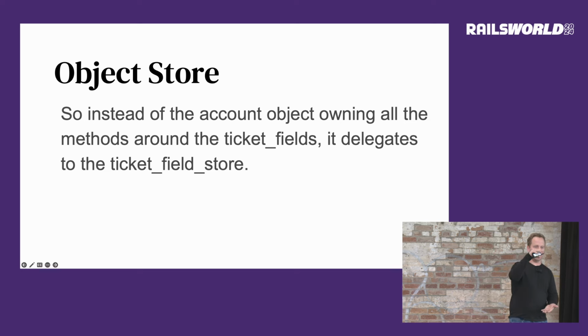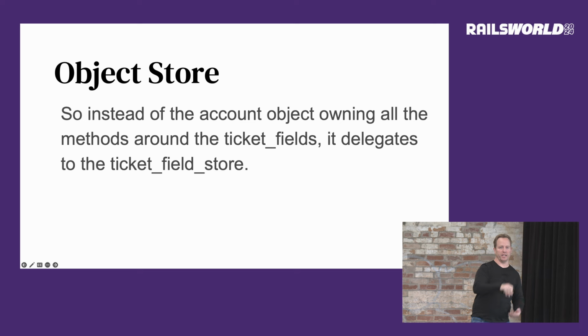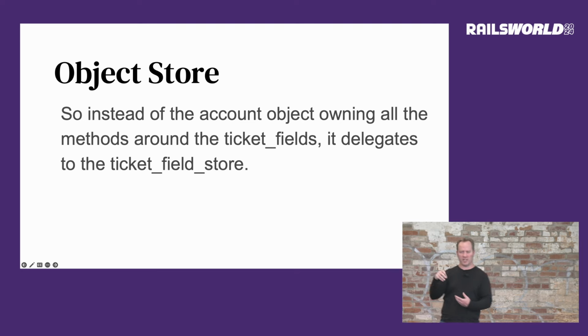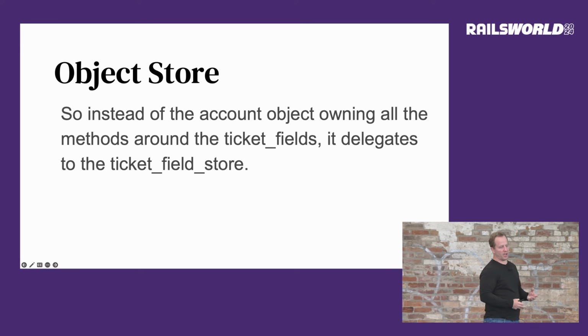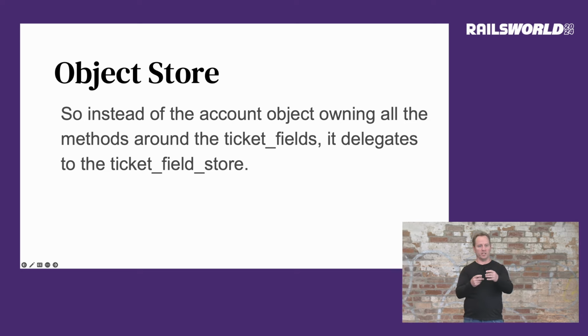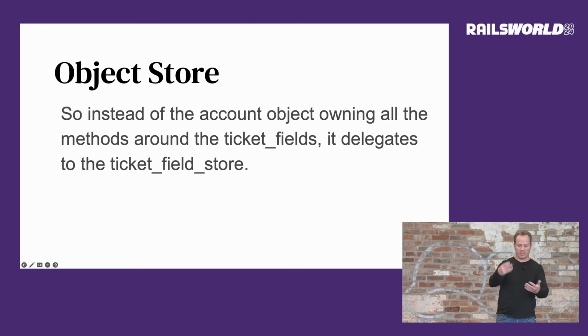You go in and let's say you have in the beginning some validations. In the middle, you do something that we call triggers. And in the end, you have a presenter. Each one of them needs a different subset of ticket fields. In the beginning, you need maybe all the ticket fields. In the middle, you need a subset of ticket fields. In the end, you might need all of them again or some combination of the above.